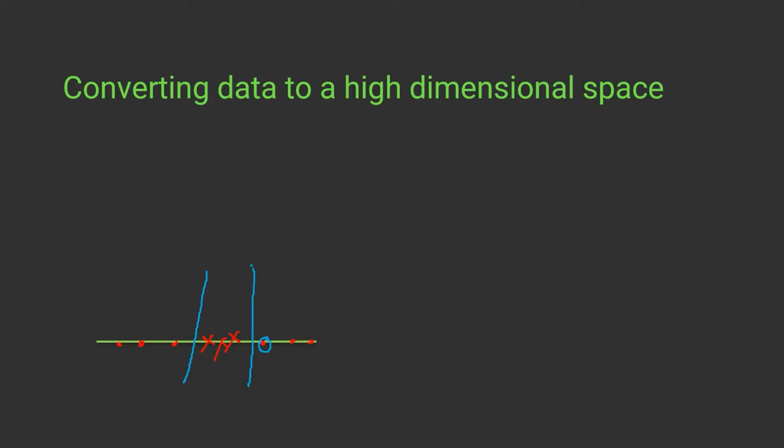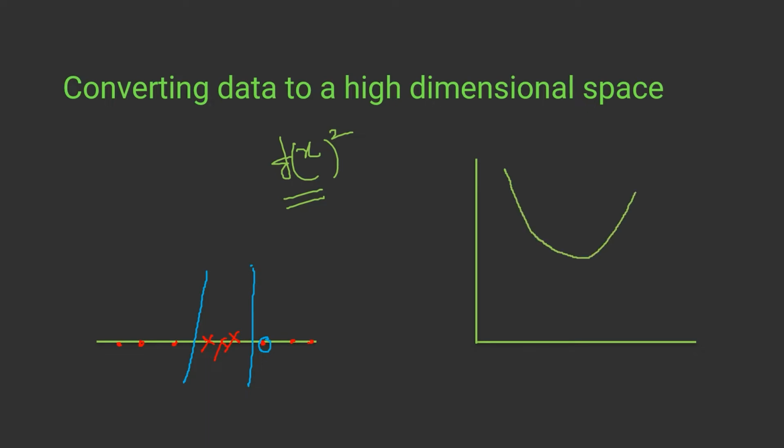But there is an approach to do this. Let me show you an example. Suppose I use a square function, a function in the form of x squared, and I plot these data points using this function. I'll have this kind of curve, right? This is an x squared function, and these are my data points.